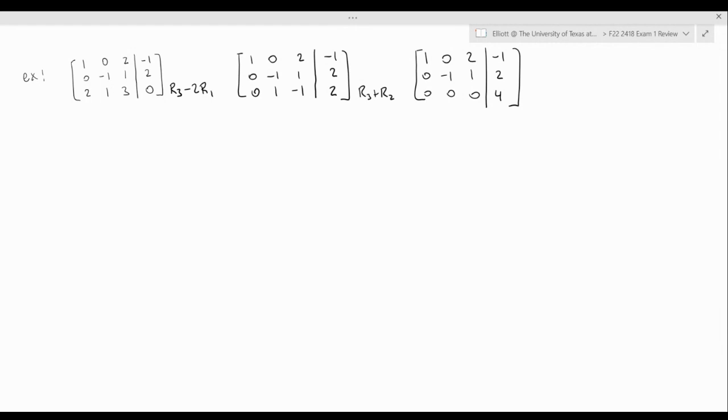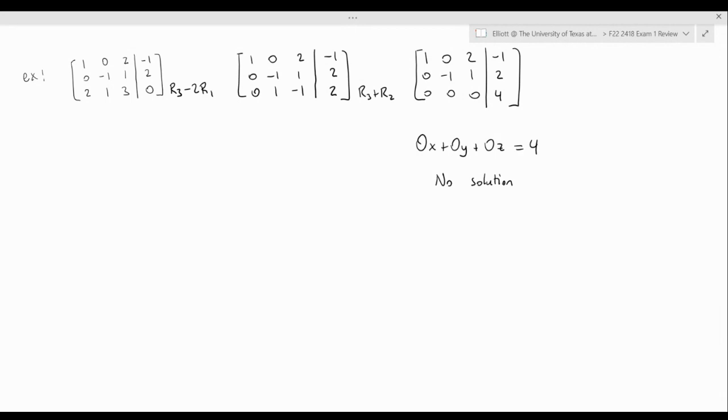So when you get to a situation like this, where you have a row of zeros, but then the right-hand side is not 0, this is the indication that you have no solution, okay? Because you can see already in that equation there is no x, y, z that will satisfy that equation, so there's going to be no solution.